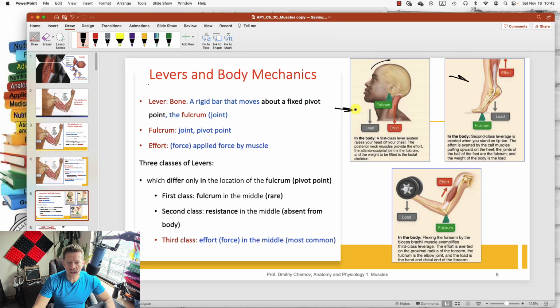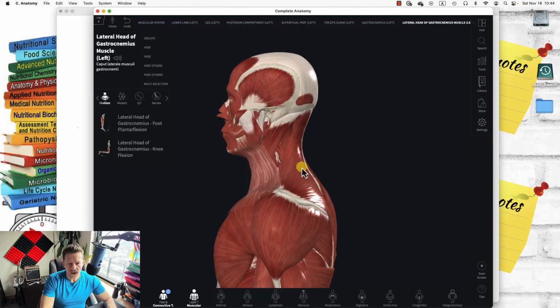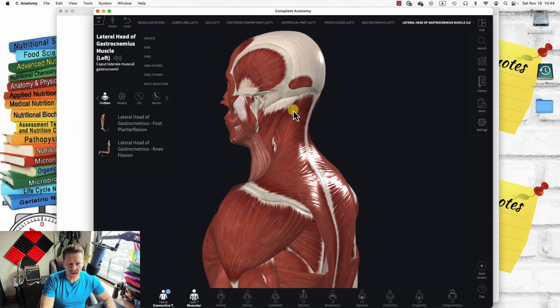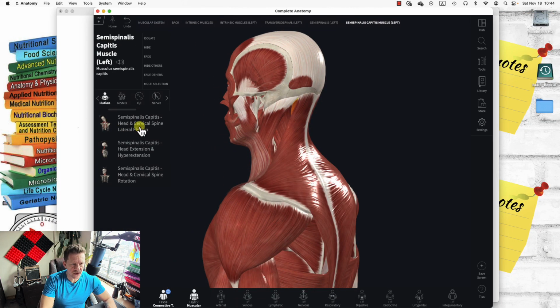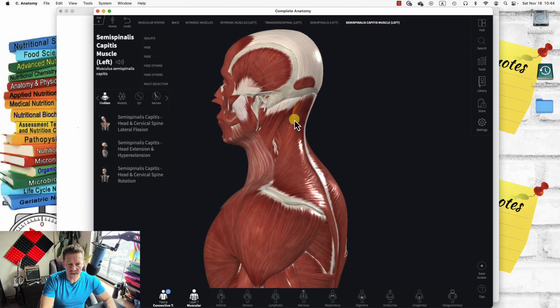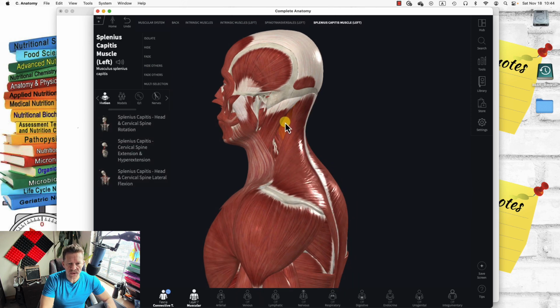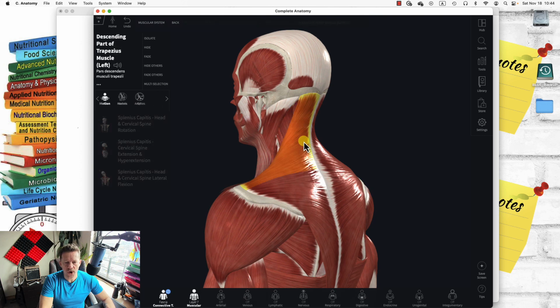So the class 1 lever is easier to remember. Fulcrum is always in the middle, load and effort on the opposite sides, so it could be like a seesaw. So this is the first class lever, so let me highlight semispinalis capitis, or the splenius capitis, or the traps.